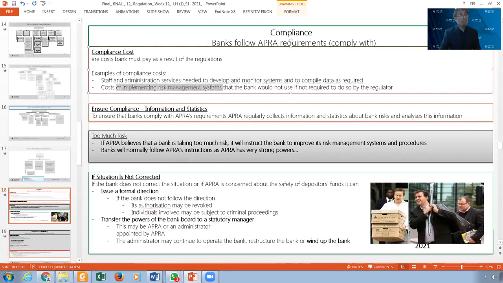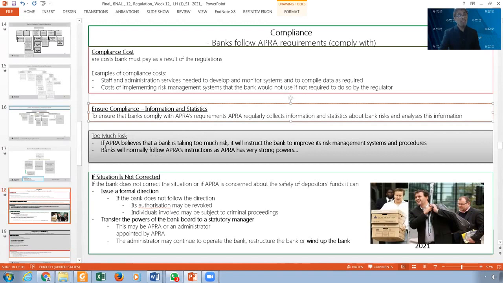You have the cost of the implementation, and you have to ensure compliance with EBRA's requirements. Collect information and statistics. They can send it monthly sometimes, but of course they send it on a quarterly basis.